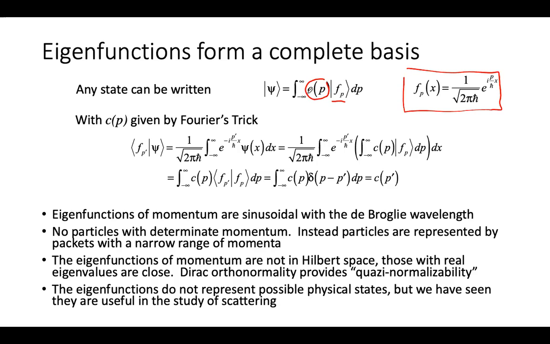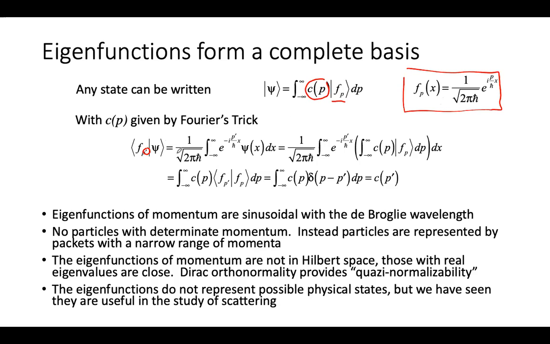This function c, which is like a Fourier coefficient but is a continuous function of momentum, you can find using Fourier's trick, which is exactly what we did to find the discrete c's. You take the inner product of this function, and I usually put a prime on the bra, just to separate it out from a non-prime state on the ket.